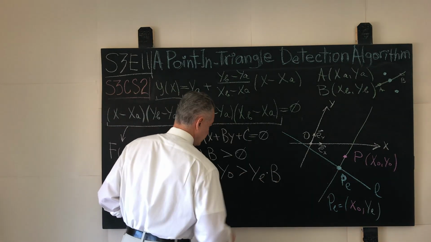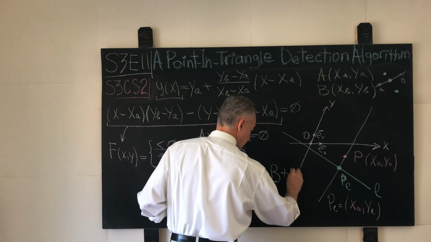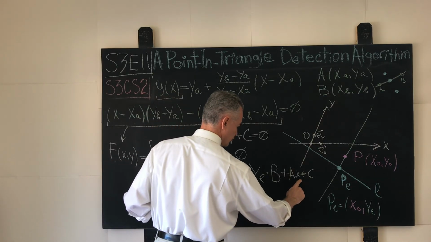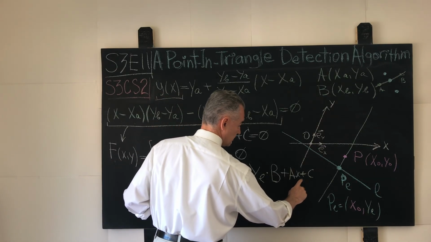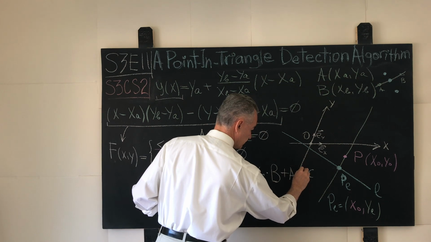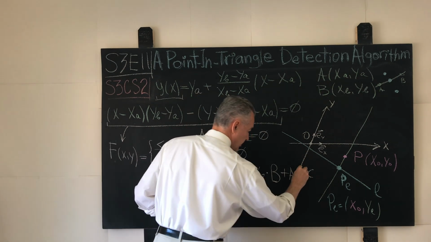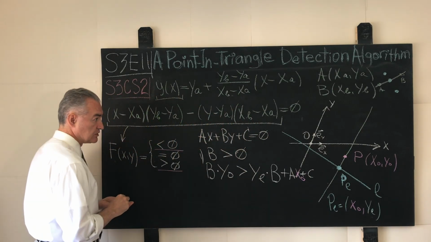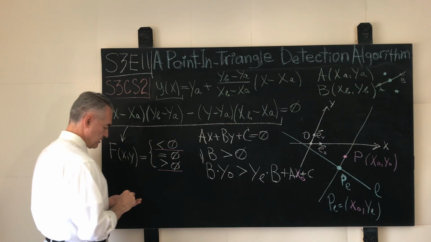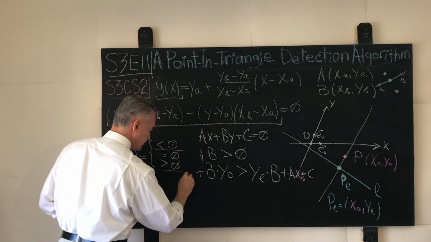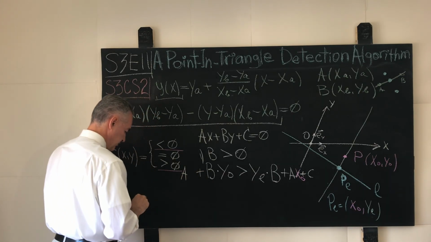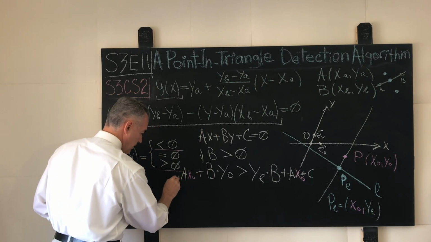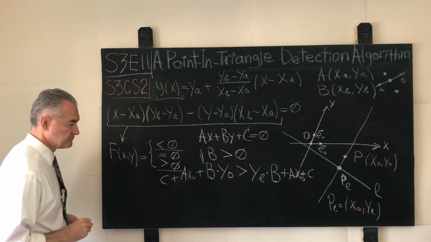So to either side, we add plus ax plus c, and here we take precisely x0, so plus a times x0 plus c.